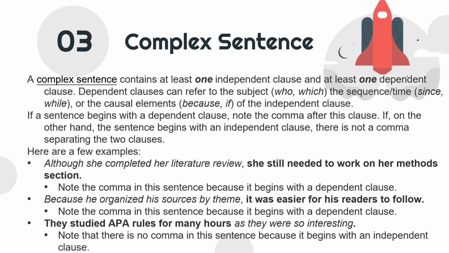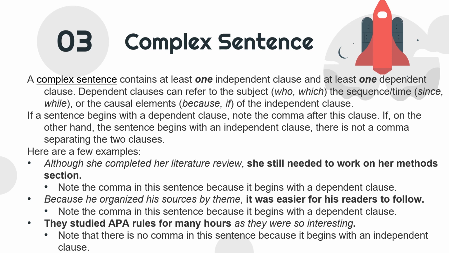If a sentence begins with a dependent clause, note the comma after this clause. If, on the other hand, the sentence begins with an independent clause, there is no comma separating the two clauses.